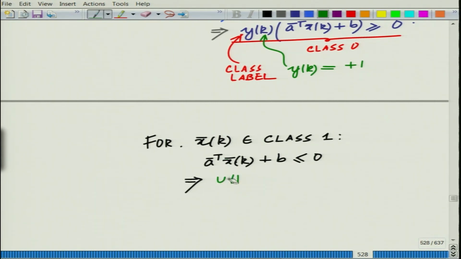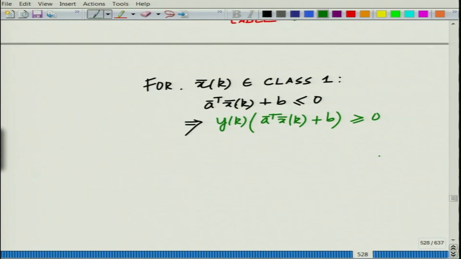Since you are multiplying by a negative quantity, you will have yk times (A bar transpose x k plus b) greater than or equal to 0. Why? The inequality reverses, and this is important.